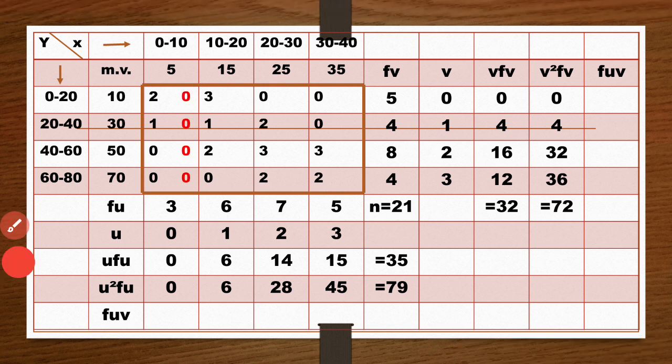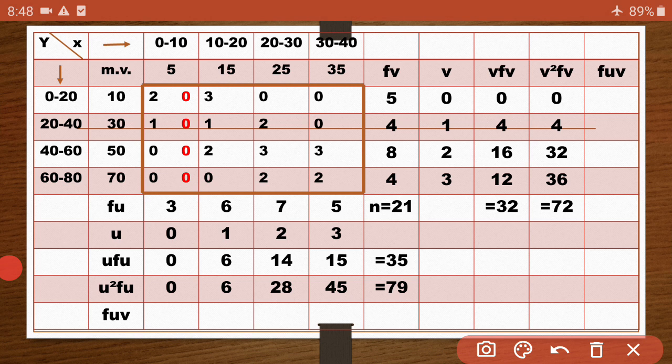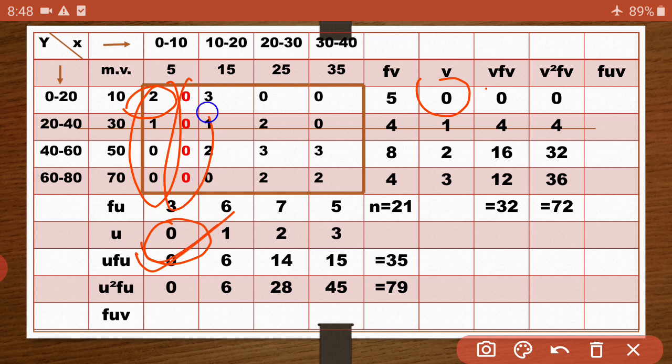Okay, so you get the first column 0, 0, 0 and 0 because here the 0. The one value is this, then multiply 2 into 0 is 0, then also 0, so the answer is 0. And suppose here the 0, so this column is 0.